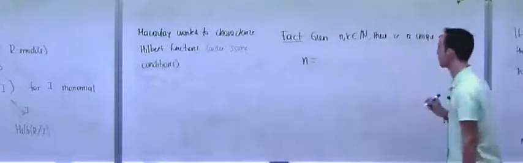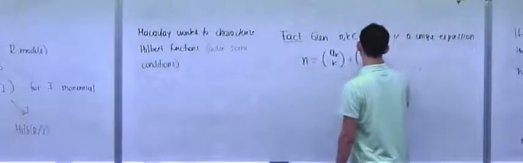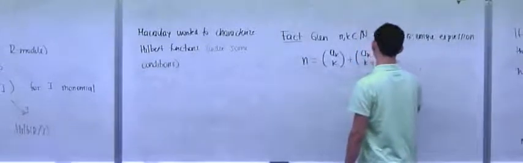So you want to write n in the following form: a sub k choose k plus, and I'll explain to you how to think about this in a second.